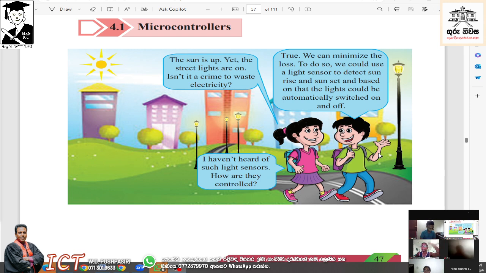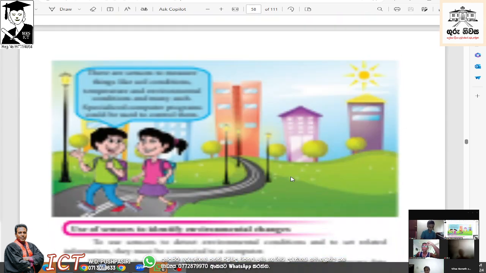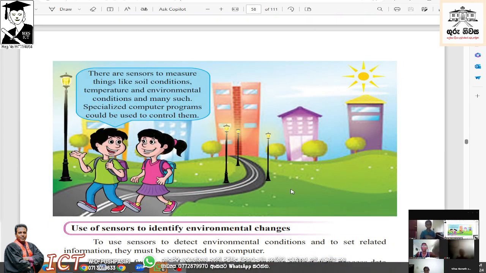I haven't heard of such light sensors. How are they controlled? There are sensors to measure things like soil conditions, temperature, and environmental conditions, and many such. Specialized computer programs could be used to control them.